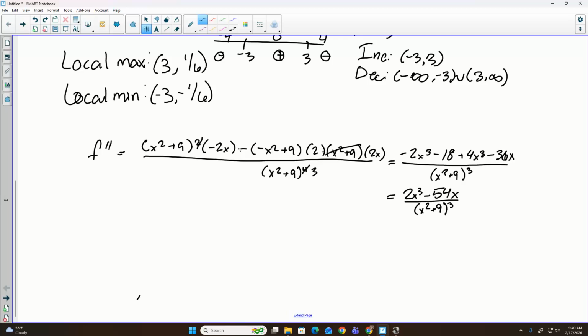So that's your second derivative, and then you set it equal to 0. Get rid of the bottom, and then you set the x equal to 0, and you get 0 and positive and negative 3 radical 3.